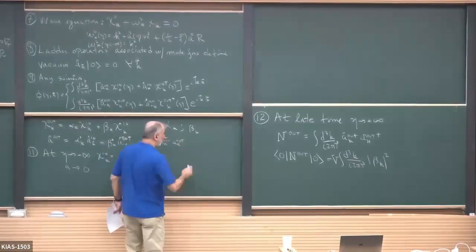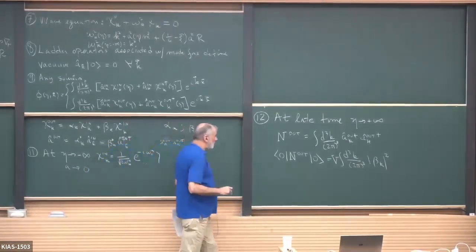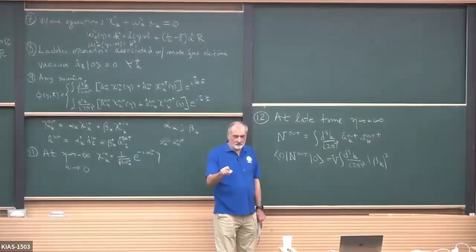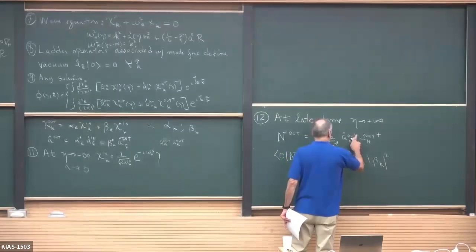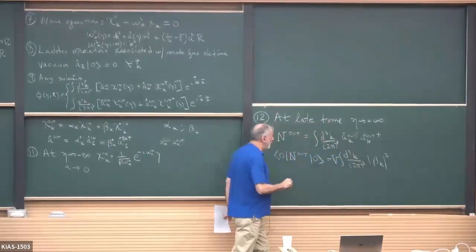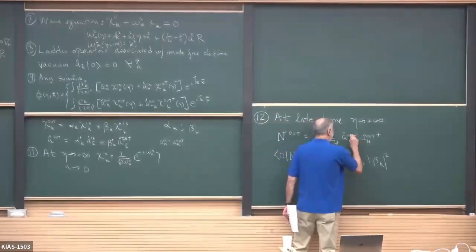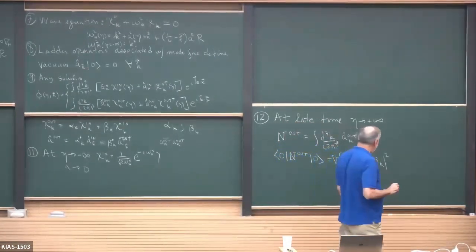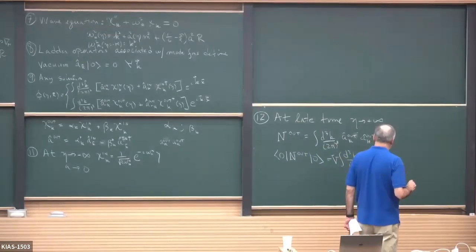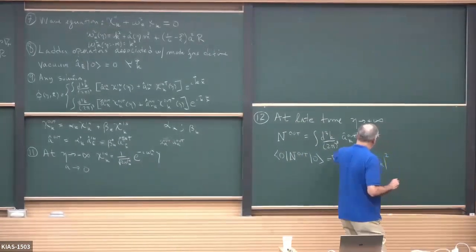I'm sorry, I have it the wrong way around. You could have earned a penny. Oh, it's a T. A out dagger, A out. I mean, here?